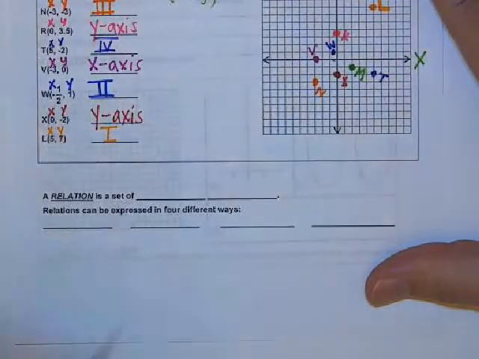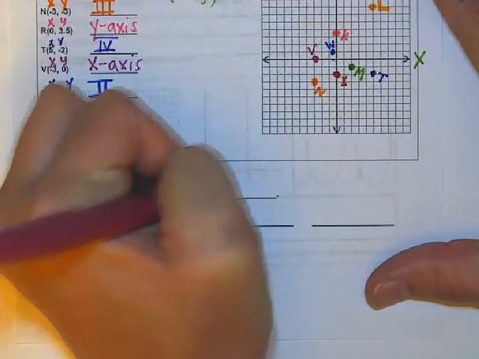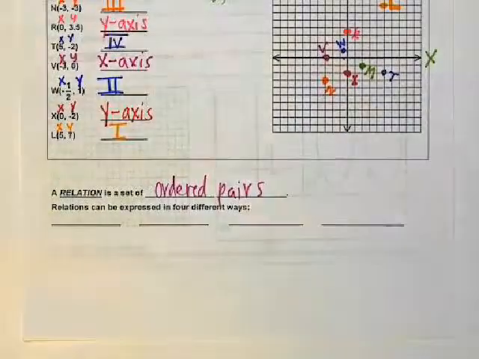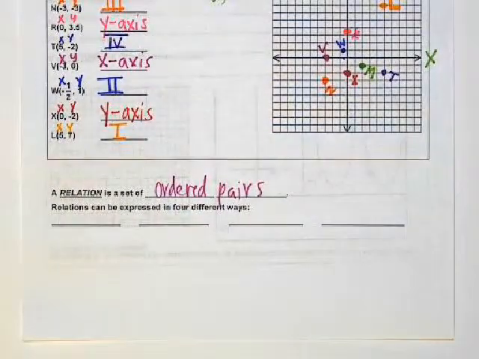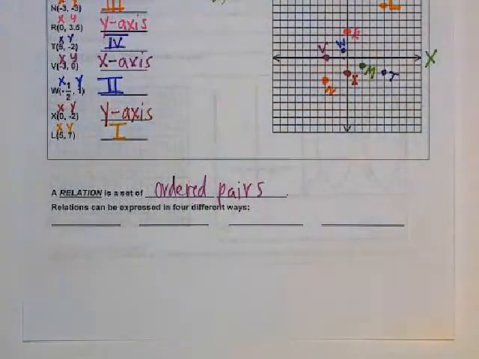Good. It's a set of ordered pairs. Oh, that's a mosquito. Okay, it was flying right under the document camera. Okay. A relation is a set of ordered pairs. So more than one ordered pair. A set of something is more than one, right? Okay, so it's more than one ordered pair.